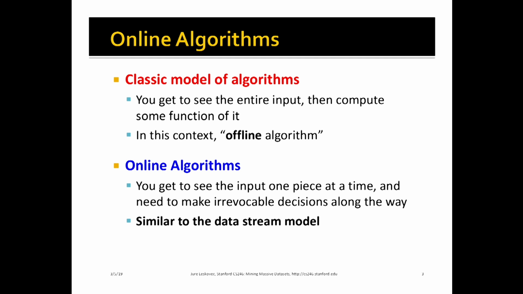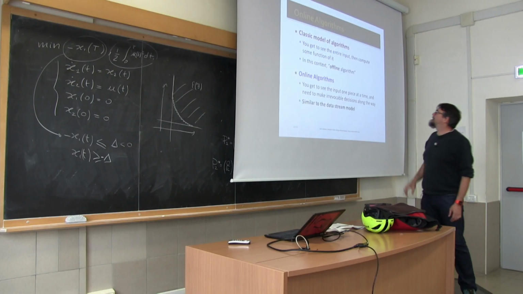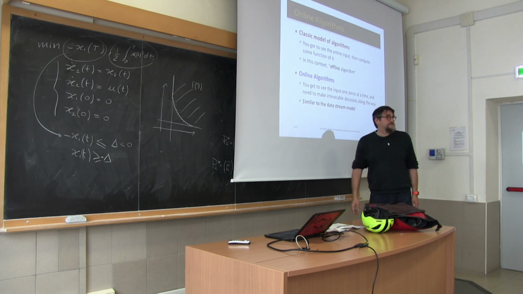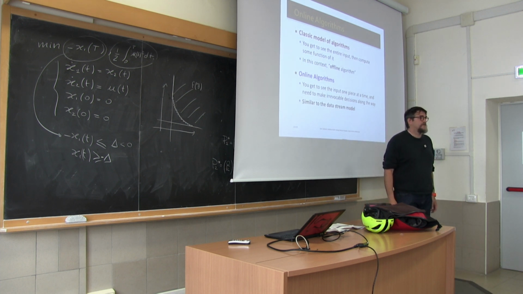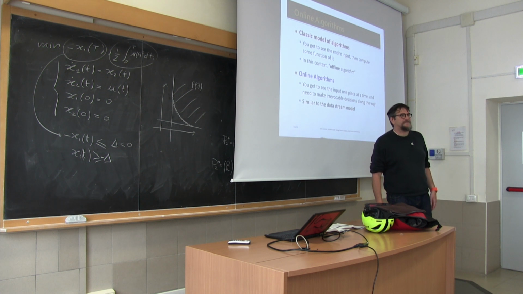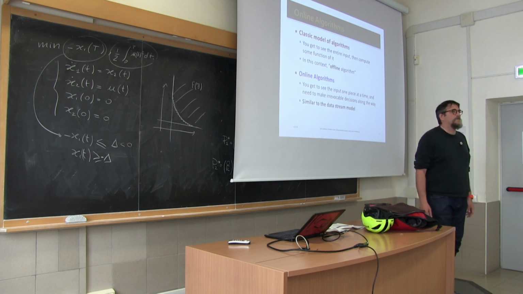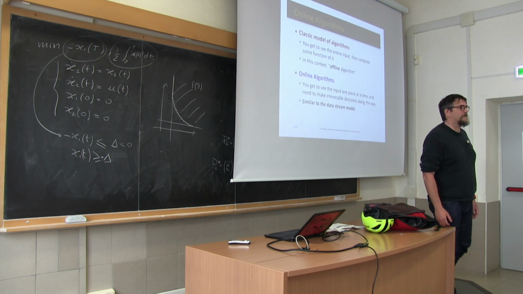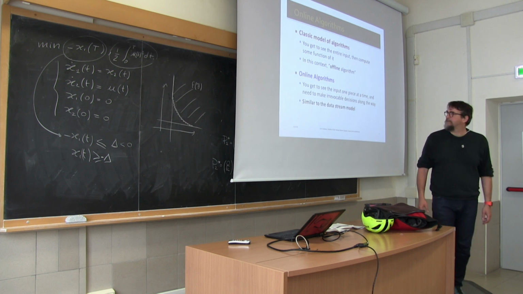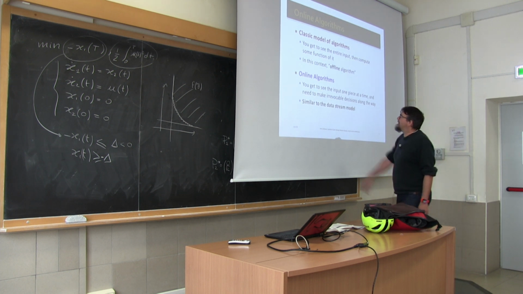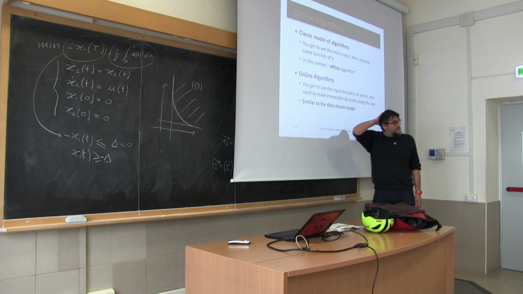This is why you are talking about offline, because everything is known since the beginning, and then you compute a given function in order to see what are the performance, in time, in space, or even in terms of more general concept of cost. In online algorithms there is something different.